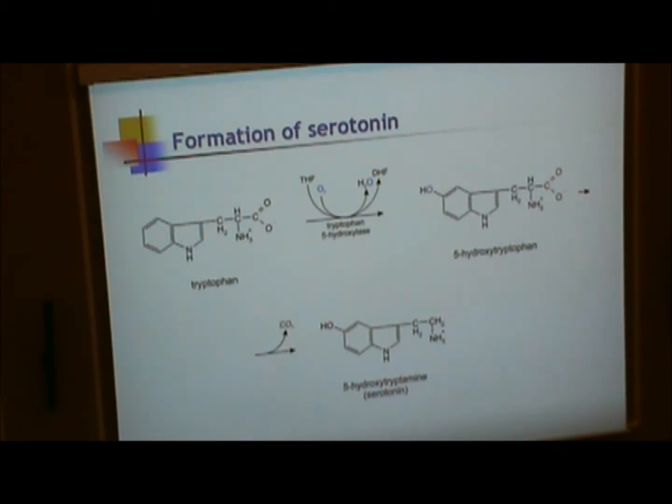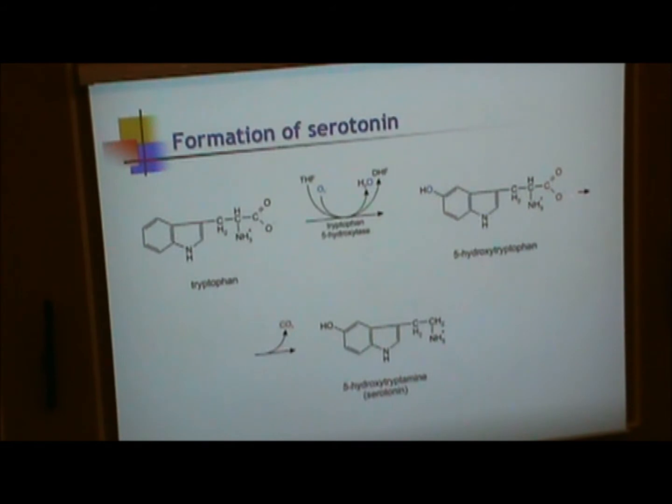So tryptophan is hydroxylated with participation of oxygen and tetrahydrobiopterin. Under the action of these compounds and the enzyme tryptophan 5-hydroxylase, the tryptophan is hydroxylated. Tryptophan is converted into 5-hydroxytryptophan.